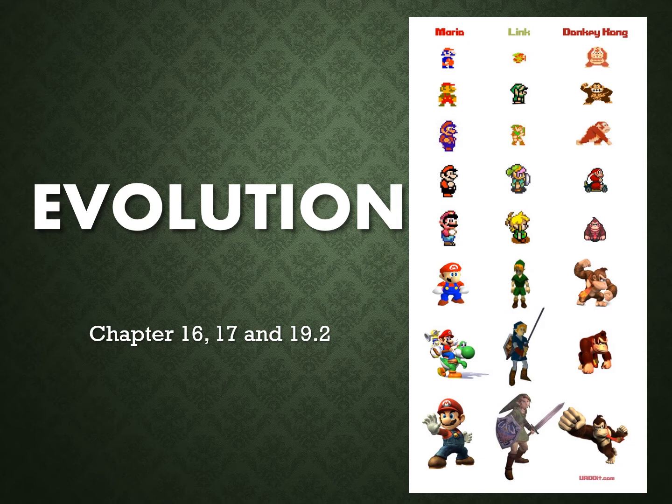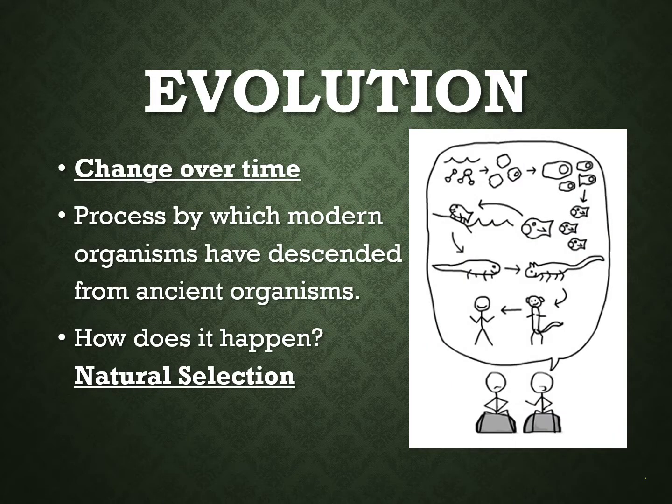But keep in mind this is different than evolution in real organisms, because evolution in real organisms involves natural selection. Like in the picture on the previous slide, evolution is change over time.